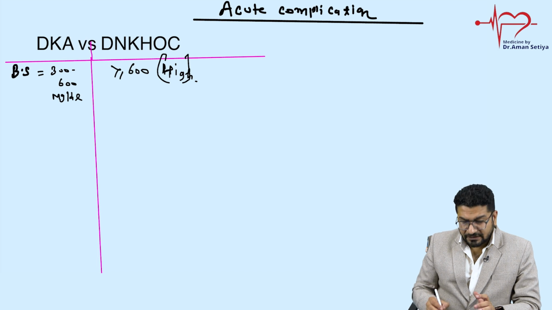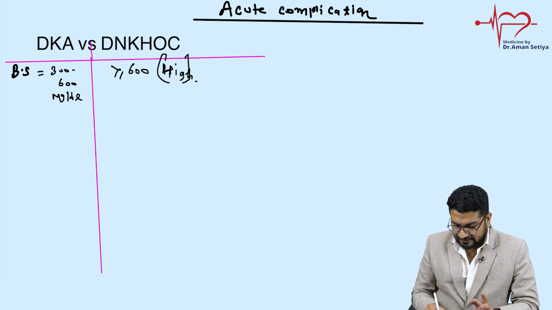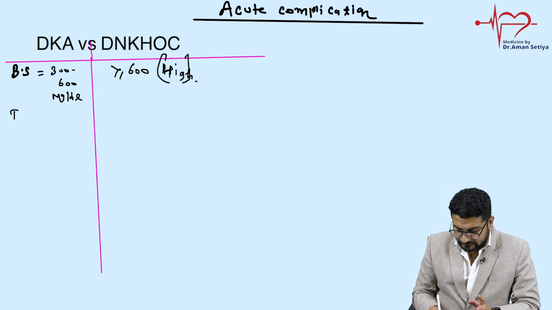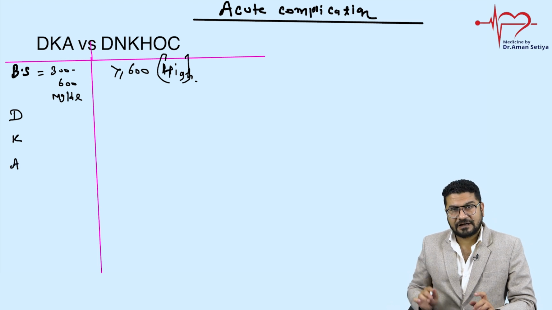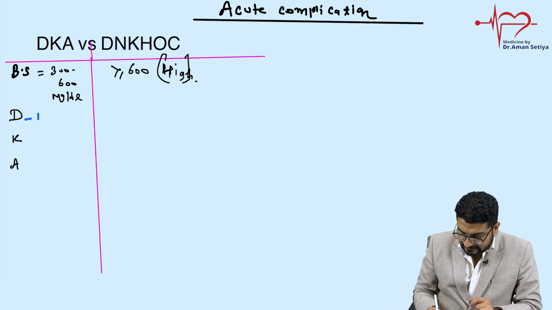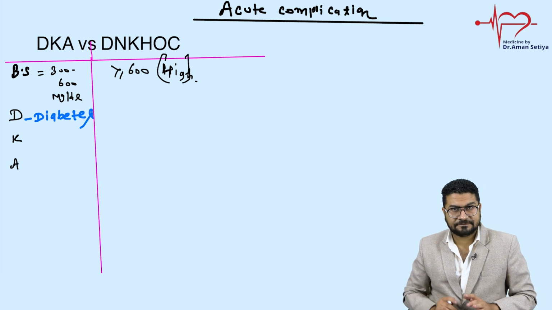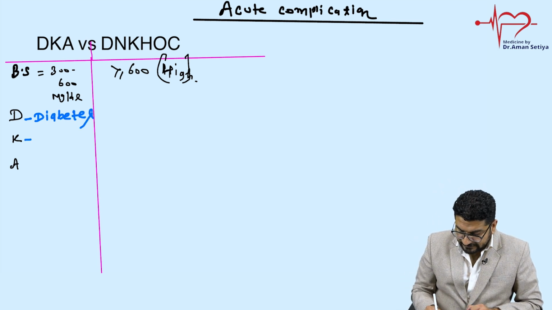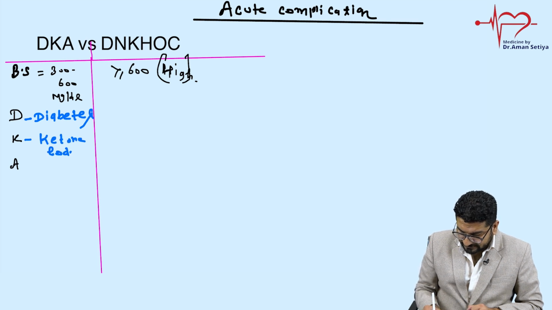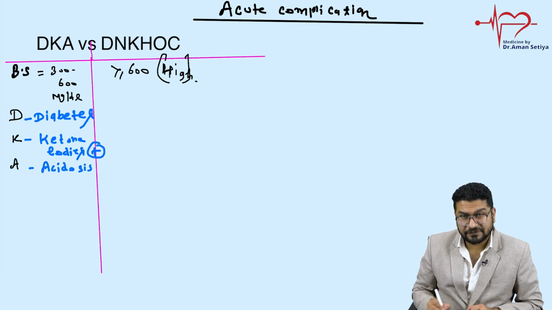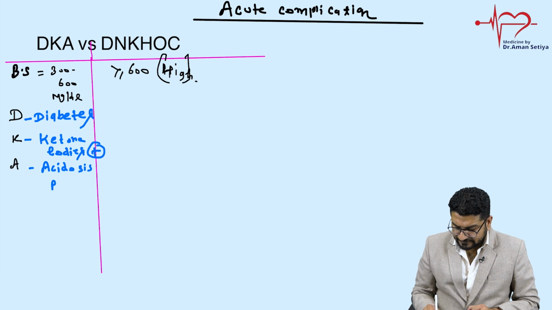To make a diagnosis of DKA, all these 3 features are needed. D is diabetes, the patient should have diabetes range blood sugar. K is ketone bodies should be present. A is acidosis, and to get an idea of acidosis we need an ABG sample, where you will see pH is low.